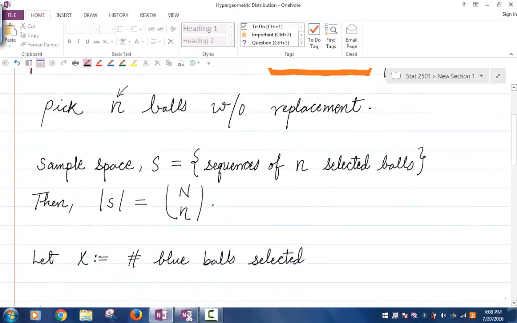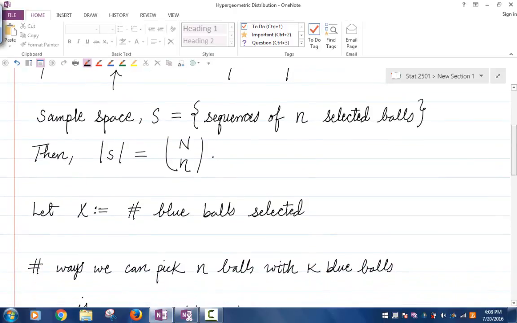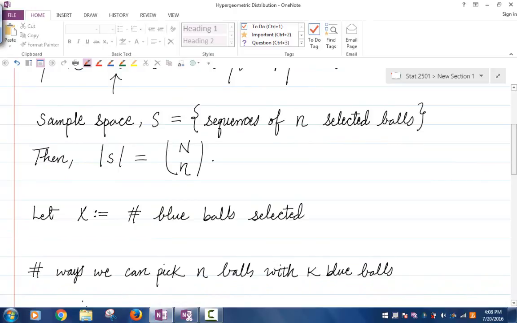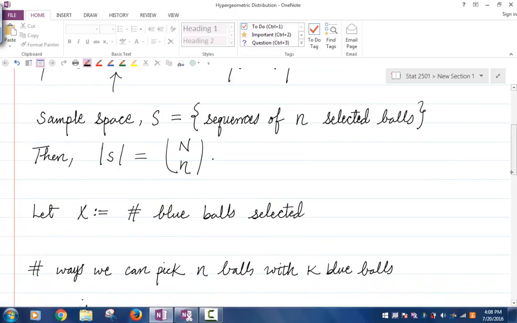Let's let x be the number of blue balls selected. So we are picking a sample of small n balls, and x is the number of blue balls in the sample. The question then is, what is the number of ways we can pick n balls where k of the balls are blue and n minus k of them are red?